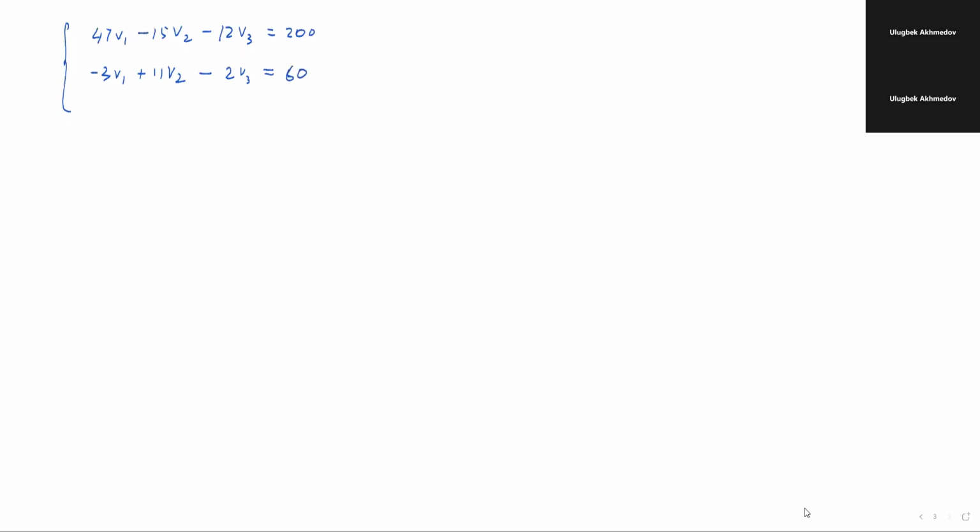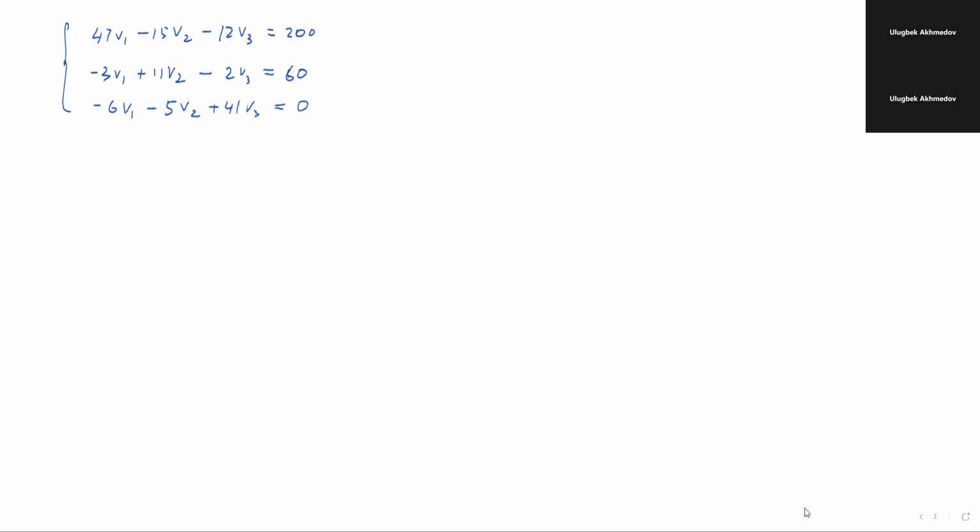And the last one is negative 6V1 minus 5V2 plus 41V3 equals 0.